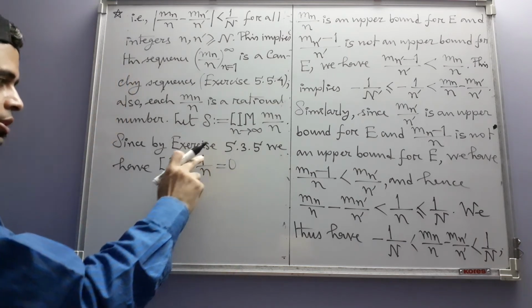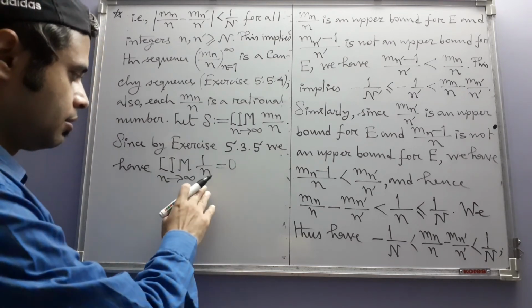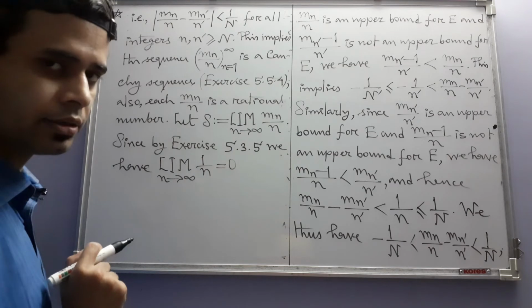In other words, the Cauchy sequence 1/n and the 0 Cauchy sequence are equivalent.